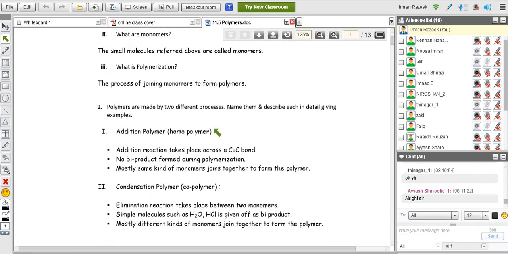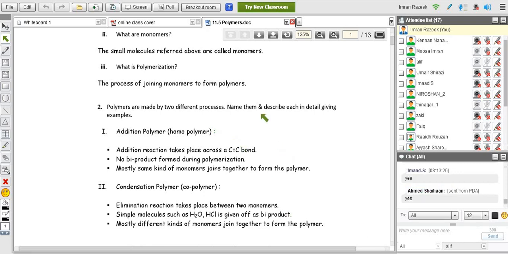So I explained there are two types of polymers. One is addition polymer and the other type is condensation polymer. I explained the difference between the two, right?